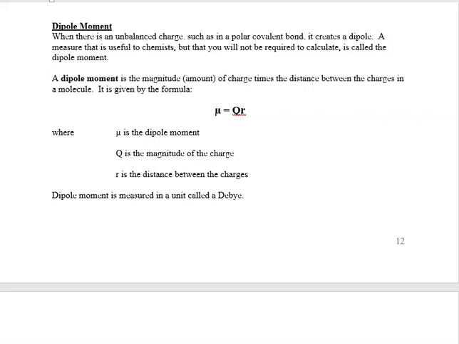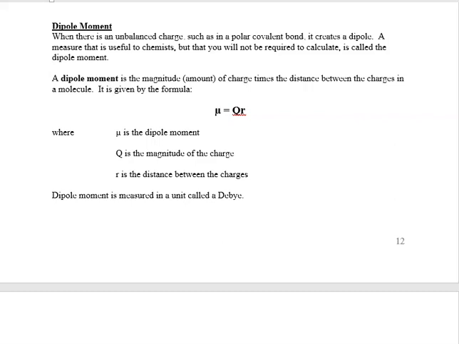There is a calculation for it. You don't need to do that. Just understand the concept. So when there is an unbalanced charge, such as a polar covalent bond, it creates a dipole. A measure that is useful to chemists, but that you will not be required to calculate, is called dipole moment. So the dipole moment is the magnitude, the amount of charge, in other words, charge separation, how much electronegativity difference, times the distance between the charges in the molecule.